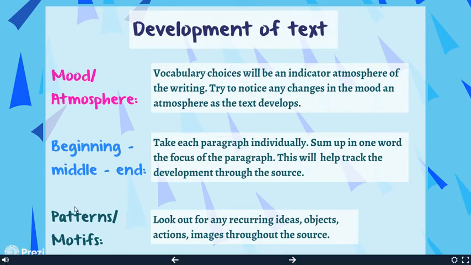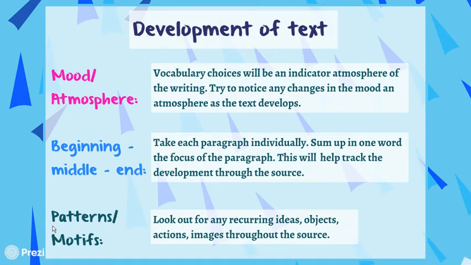And then finally, one thing you're going to look for in the development of text section is the use of patterns or motifs. What you need to look for are any recurring ideas, objects, actions or images throughout the source. So if you pause the video now, with those key areas in mind, try to analyse the development of the text and see if there's anything that pops up that would be interesting for you to comment on in your answer.